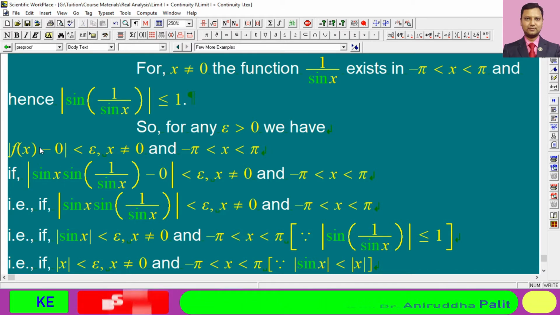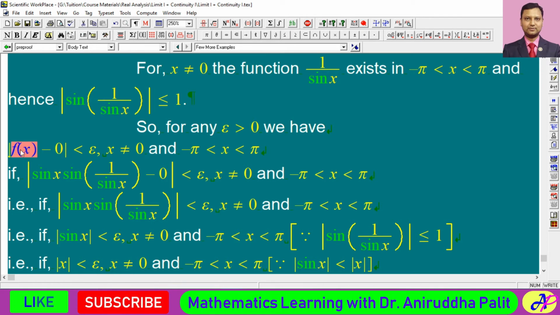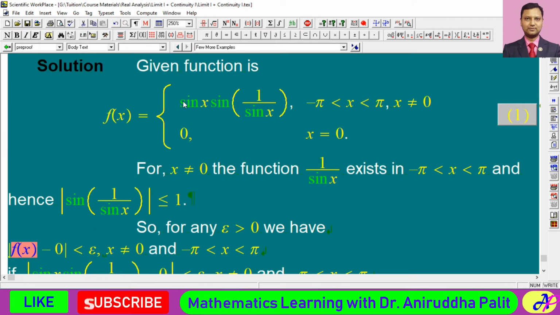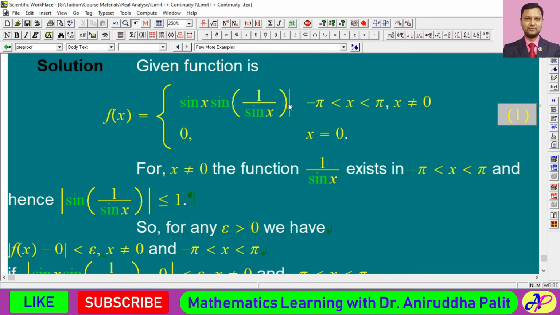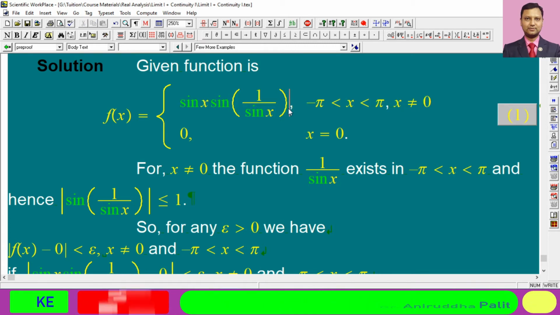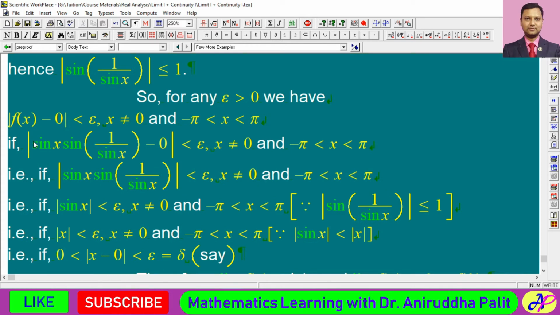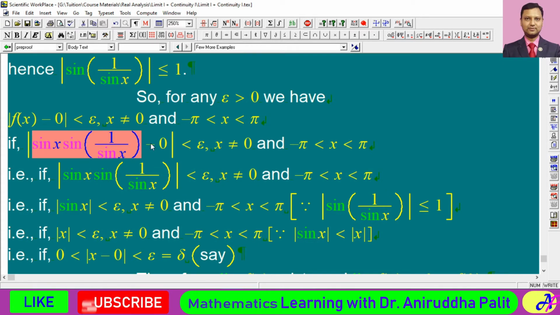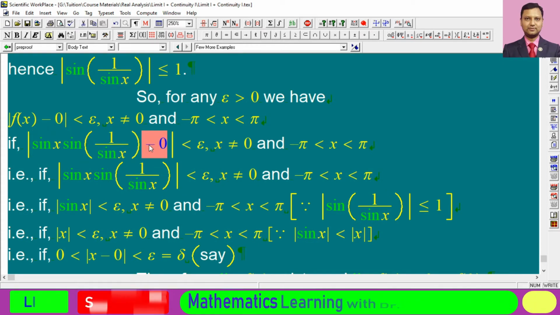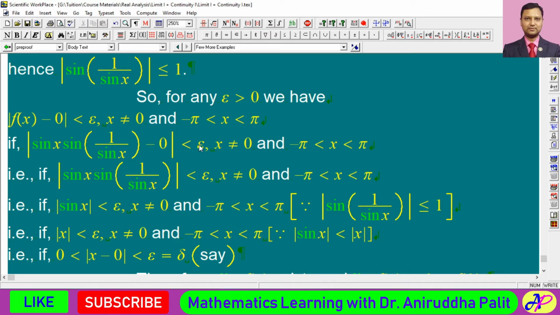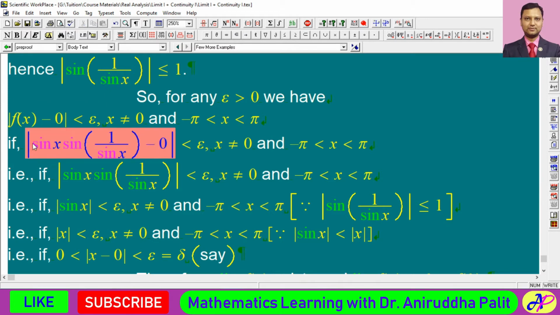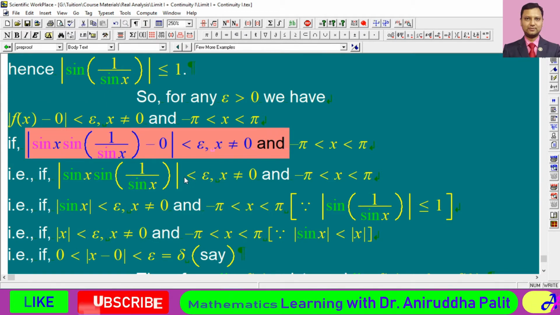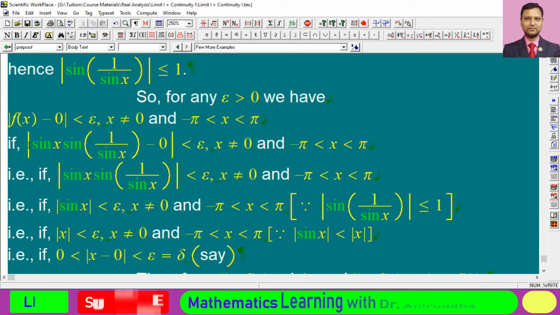So over here the value of f(x) should be chosen from this first segment, and so we put this expression sin x into sine of 1 by sin x as the value of f(x), and the second term minus 0 remains the same, and that is less than epsilon. So this first relation is true if this second line is true, and this second line is true if this third line is true.